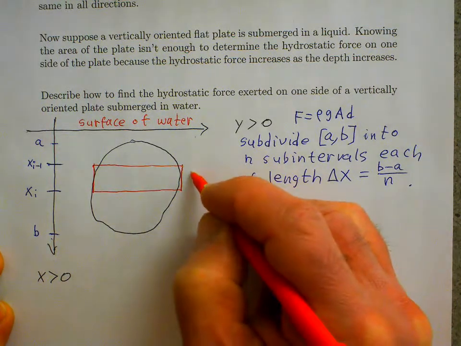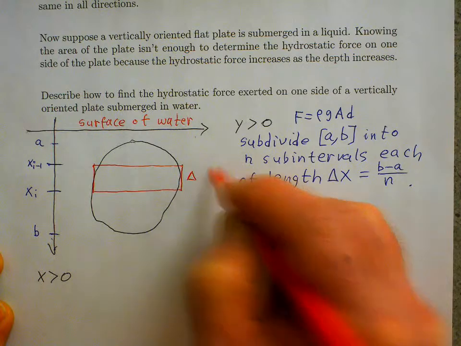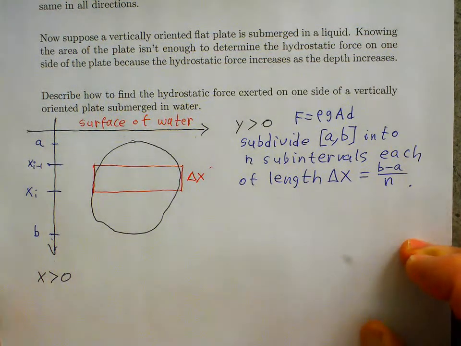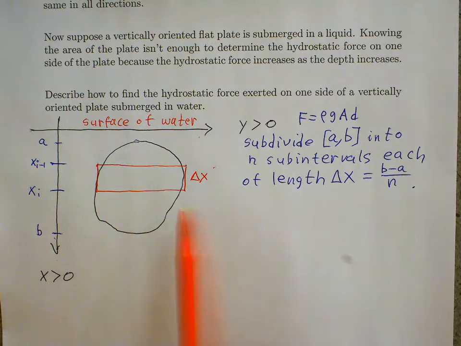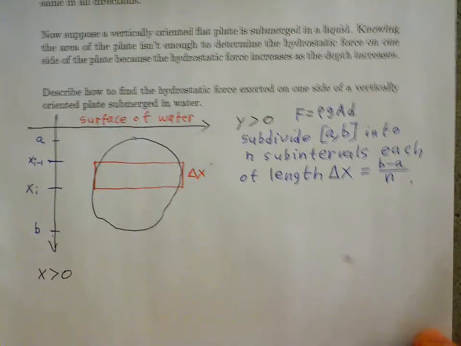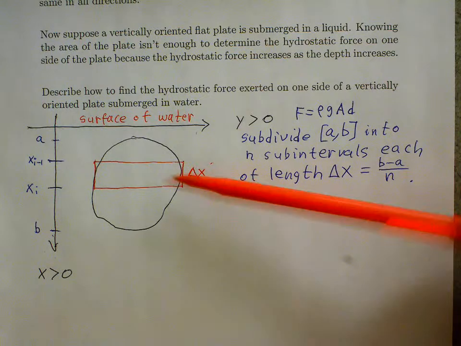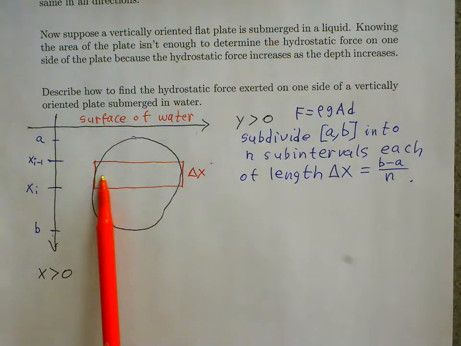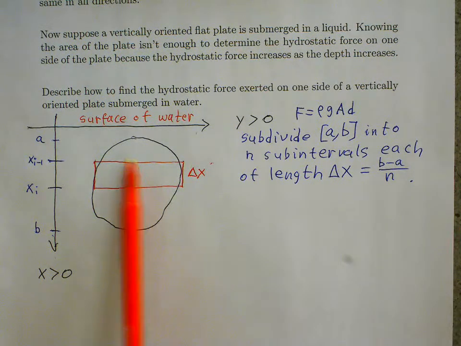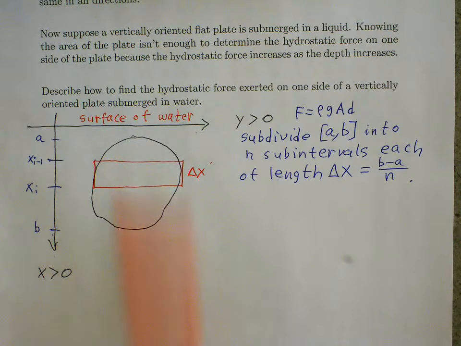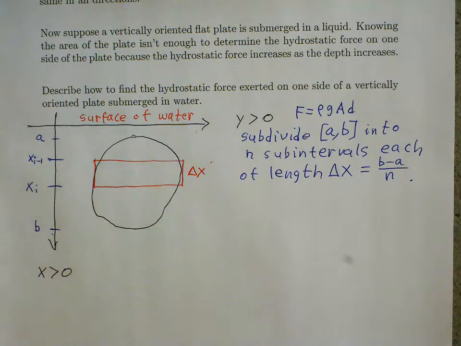And the vertical side of this is delta x. And so to find the force exerted on this plate, we need to know the area. So we need to have an expression for the horizontal side of that rectangle.